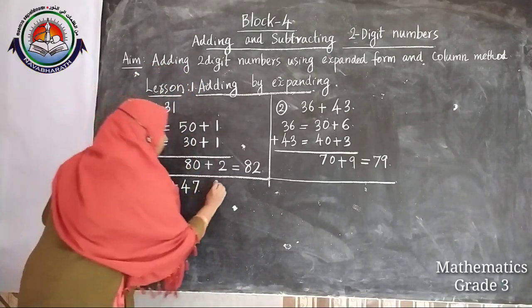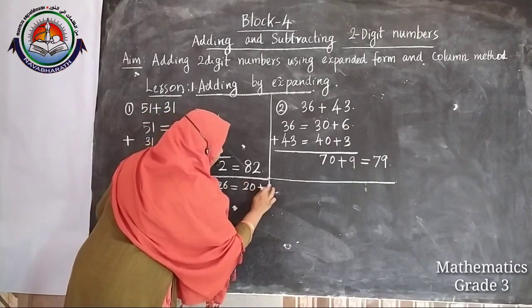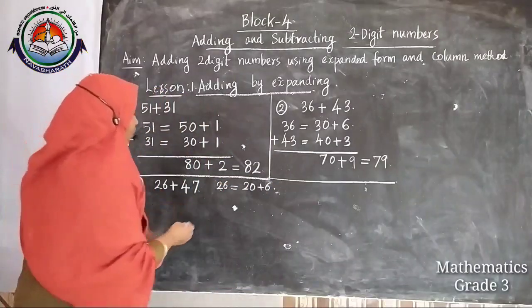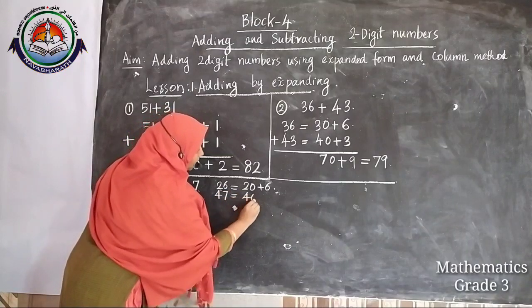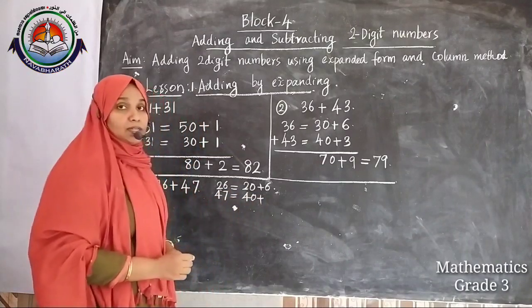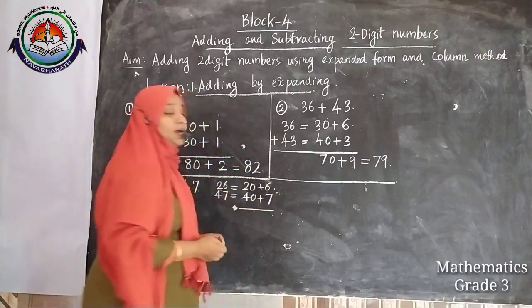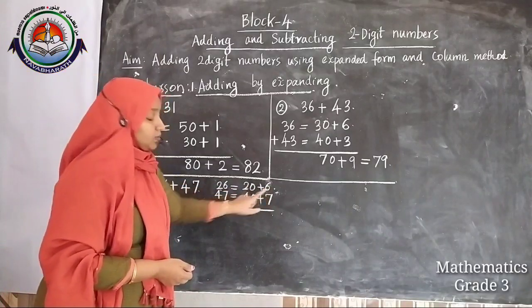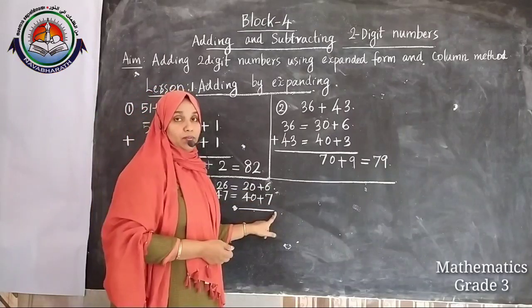How to write? 26 is equal to 20 plus 6. Then 47 equals 40 plus 7. Then what is the next step? You add the ones. 6 plus 7.